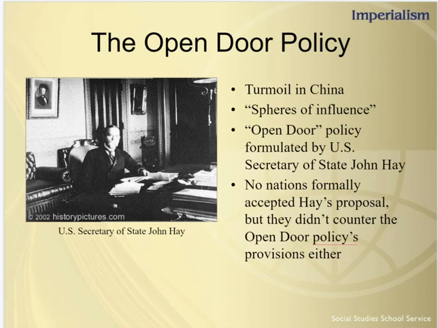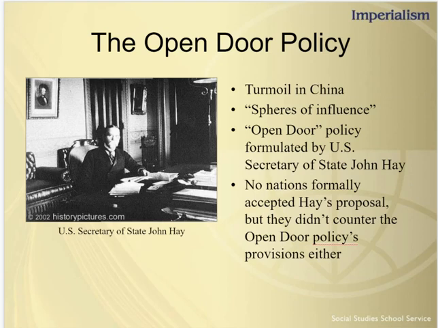U.S. Secretary of State John Hay sent a series of open door notes to various nations, proposing that they all share their Chinese trading rights, while also guaranteeing the territorial integrity of China. Hay's proposals were meant not only to assure that no nation would monopolize trade with China, but also to prevent other nations from partitioning China. That means to take it bit by bit, piece by piece.